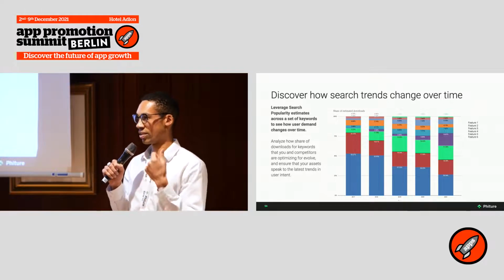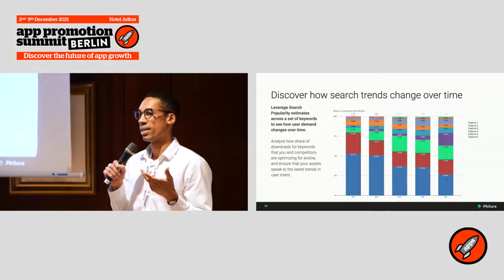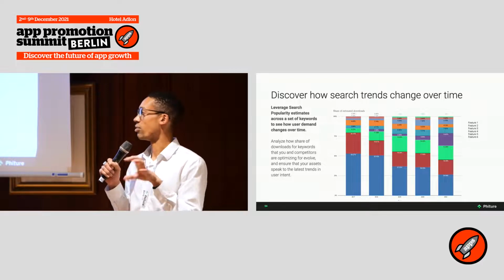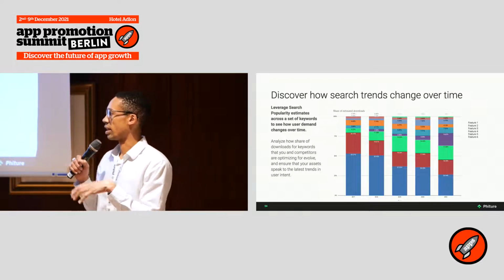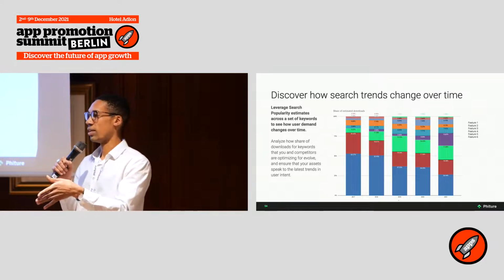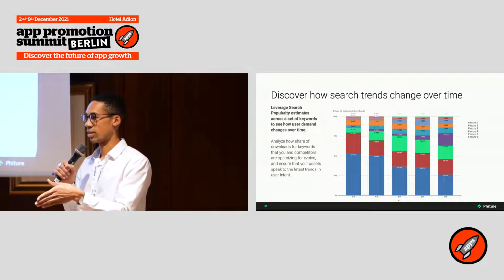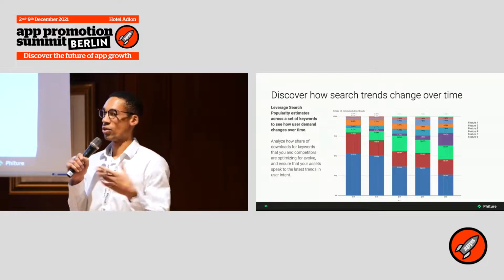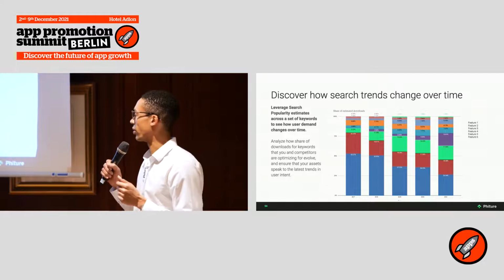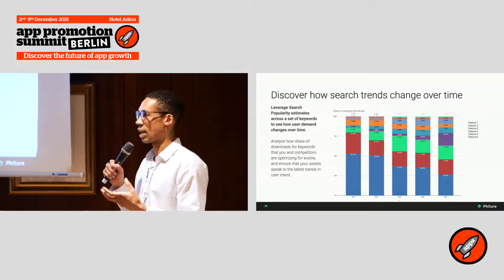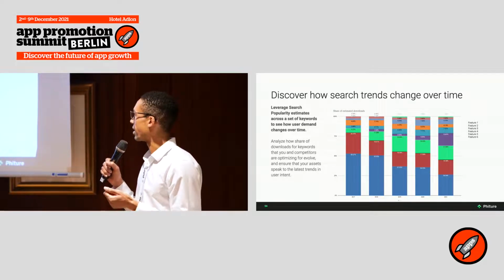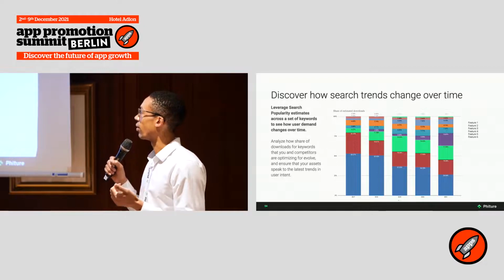Operating systems release new features. And so if you are not making changes to the assumption of who you're speaking to, in terms of the keywords that are being searched and what you are relevant for, you're going to fall behind. Your competitors are going to take your share or take the new share that's coming in, and it's going to be tough to continue to grow.